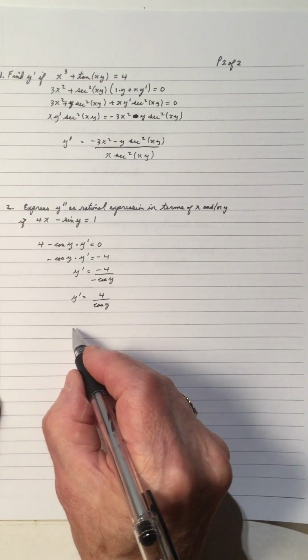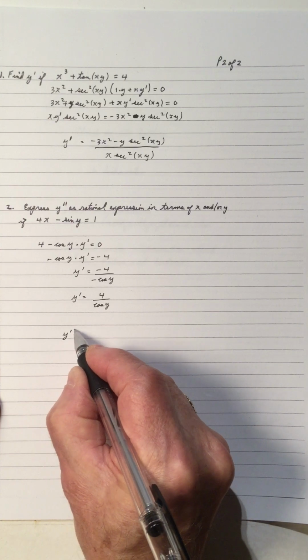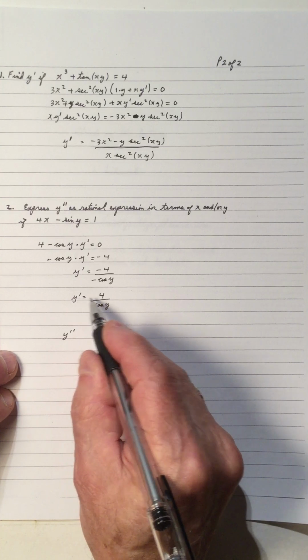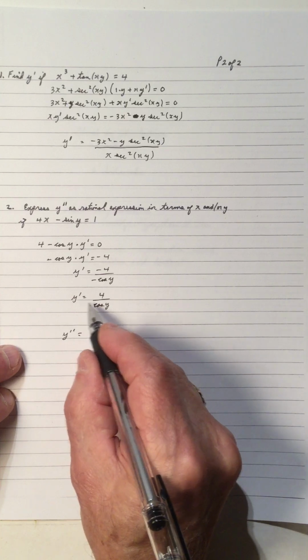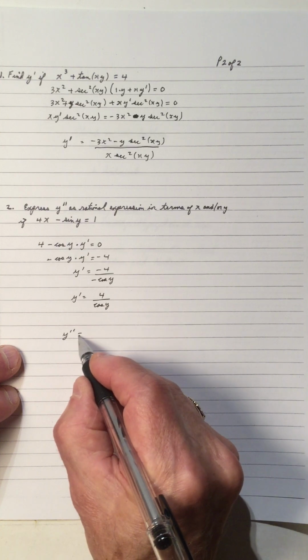Now we'll do the second derivative. Again, there's a d dx on this equation. I could make that a negative, but I'll leave it and use the quotient rule.